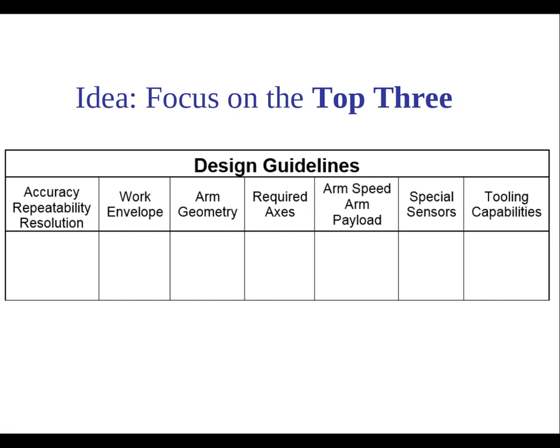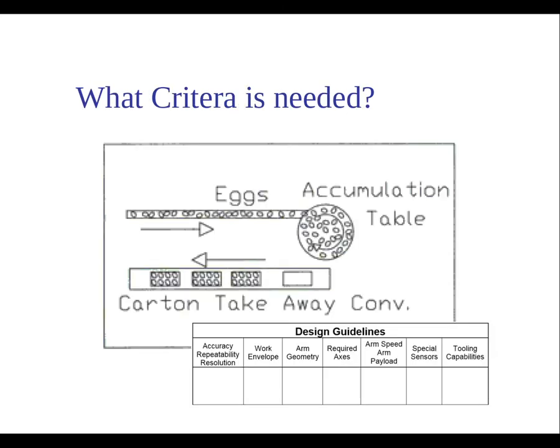So if we can focus and say these are the 3 most important, then we can focus our selection of our robot and our equipment based on those, and we can maybe save a little bit of money by saying, well, some of these other things aren't that critical, so we don't need to purchase a robot that meets those. I mean, all the robots are going to meet them to some degree, but exactly what degree we need is what we consider.